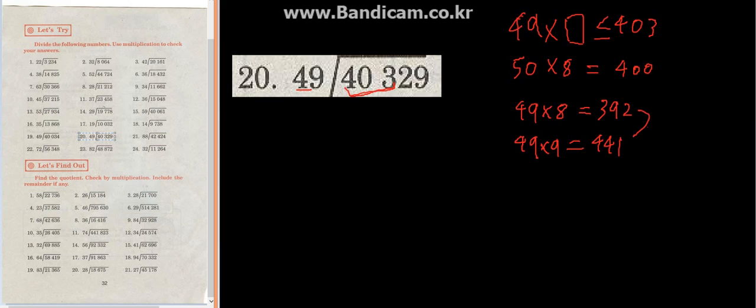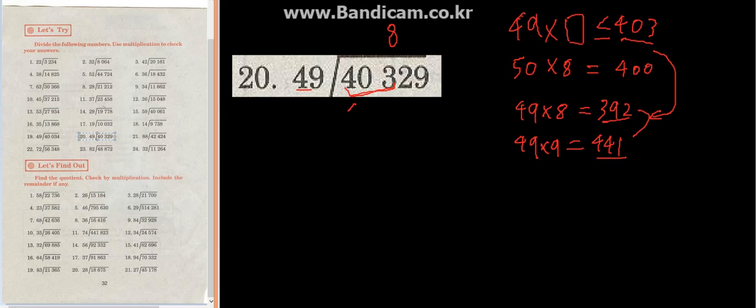Anyway, 392 and 441, and 403 is between. And as the number should not be bigger than 403, we will necessarily put the number 8 here. So we'll write down 8.